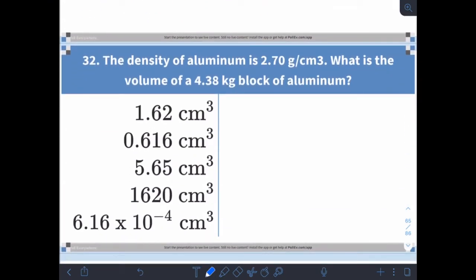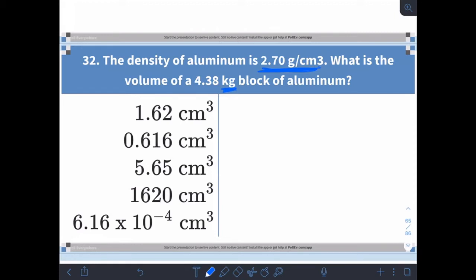So question 32. The density of an aluminum block is 2.7 grams per cubic centimeter. Okay, so you should recognize by now, we've done a couple of these problems, that this is now a conversion factor. Right? Now recognize that your given information, the units don't match. Okay, I have kilograms in the given information and grams in the density.